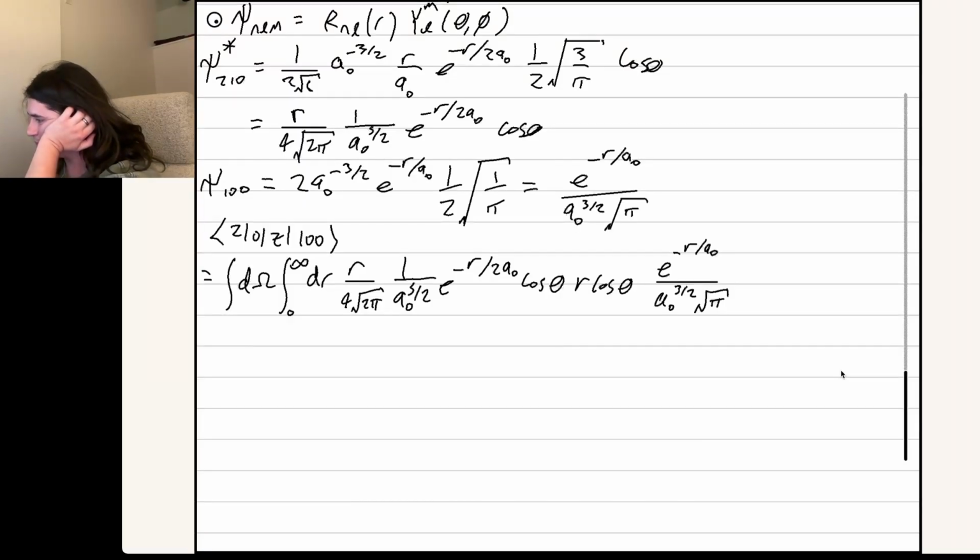Simplifying a bit and also starting to split up the integrals, we'll have 1 over 4 pi root 2 a naught to the 4th down here.